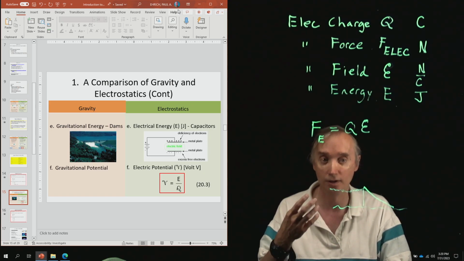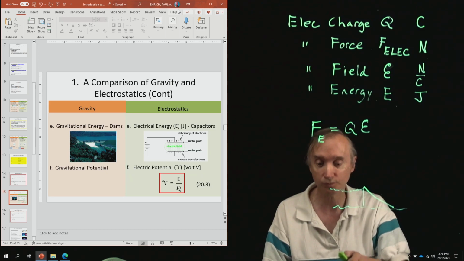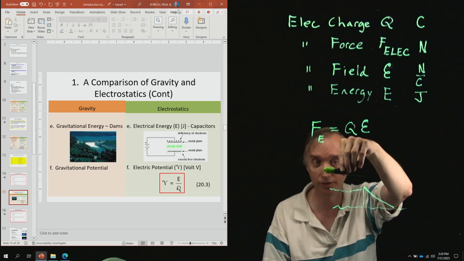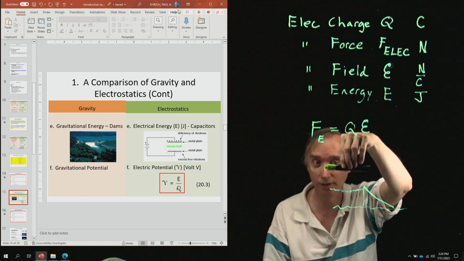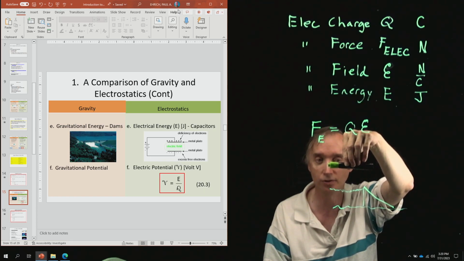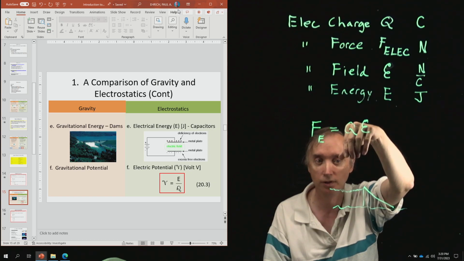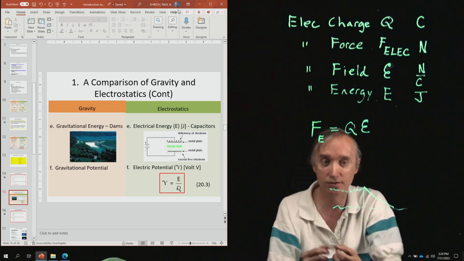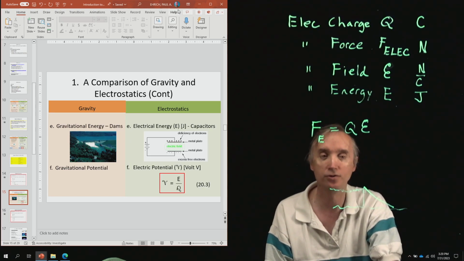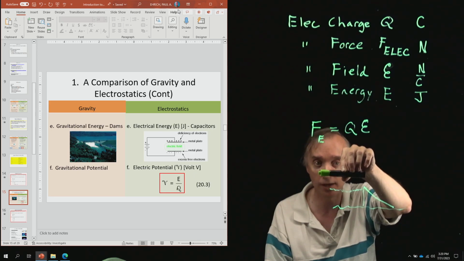It's the energy that it has potentially to be able to do something. So if I take this pen and I lift it up, you don't see the energy in it, but it really does have energy. It has potential energy, gravitational potential energy. If I let it go, then it turns into kinetic energy as it starts to fall. So you can store energy in the form of gravity.